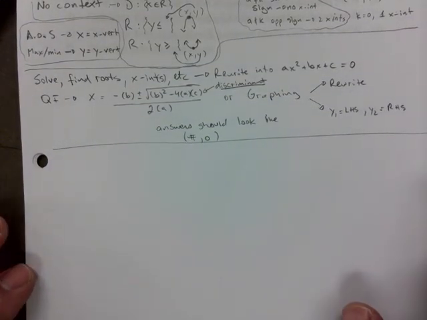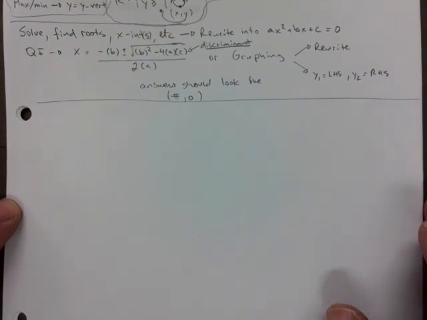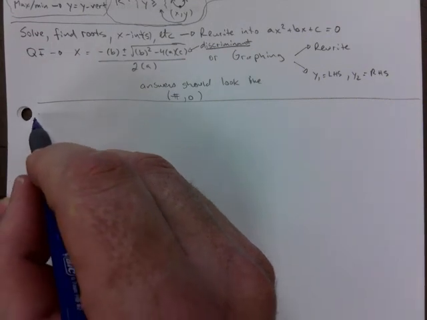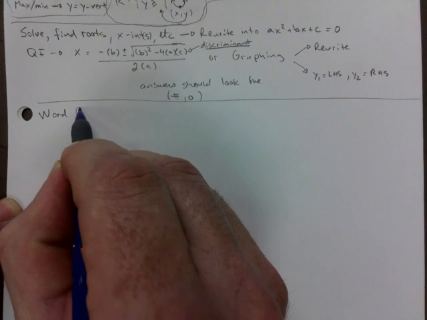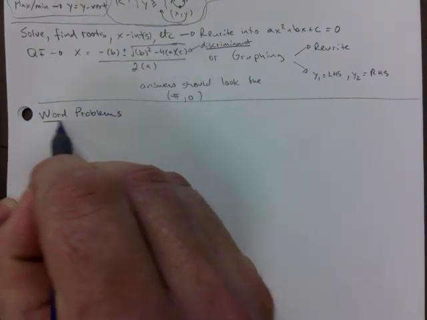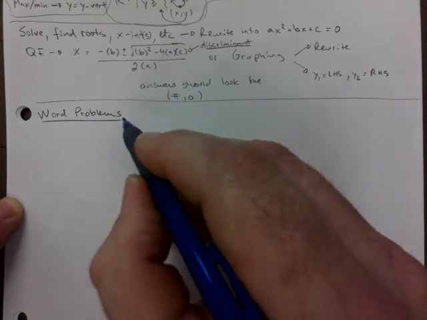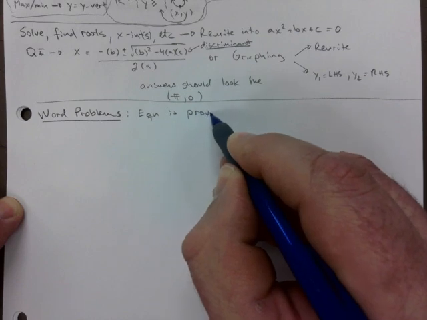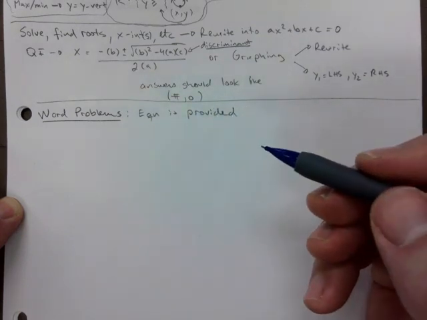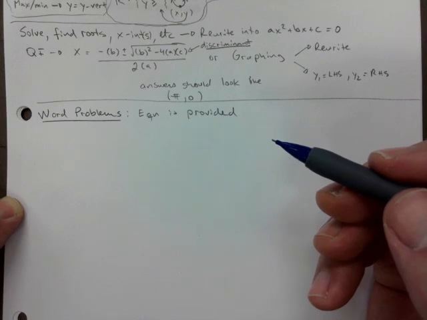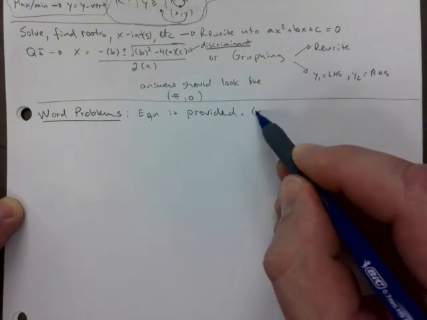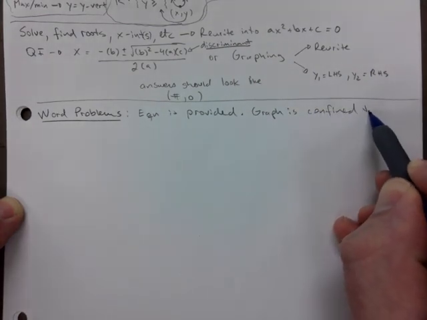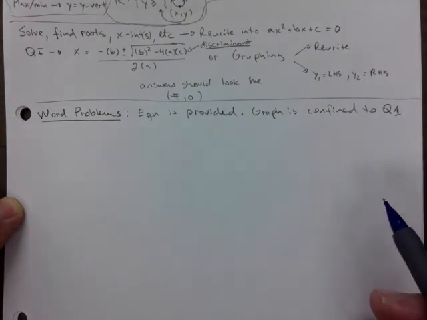What else do we have? Word problems. Okay. With word problems, where the equation is provided, what you need to remember there is the graph is confined to quadrant 1, usually.